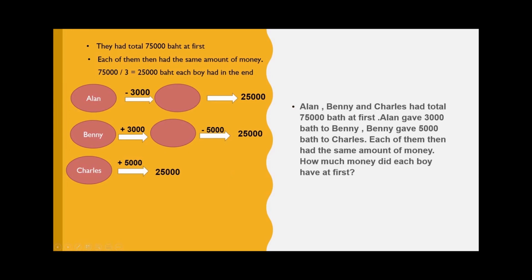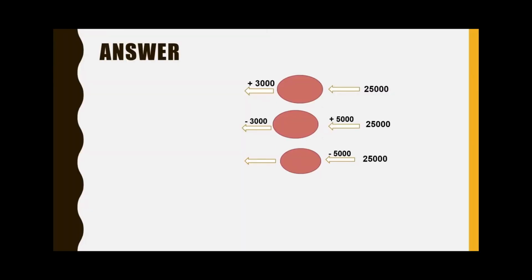For solving this problem, again, we have to move backward. So 25,000 baht minus 3,000 becomes plus 3,000. So 25,000 baht plus 3,000 equals 28,000 baht. Alan had 28,000 baht at first.